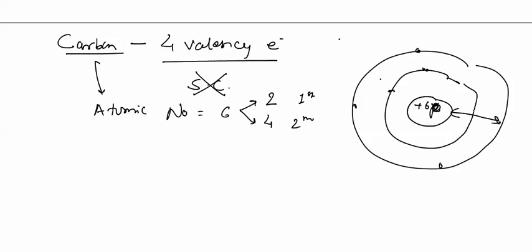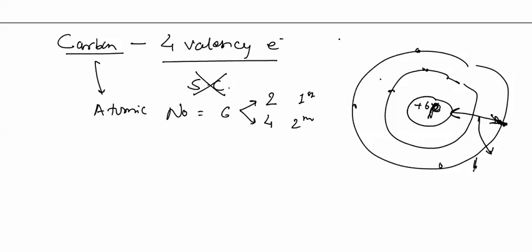The force of attraction between these valence electron and this nucleus will be sufficiently large that it can hold this electron at this place. Means, to remove this electron we will require more energy, which is not possible to be supplied.